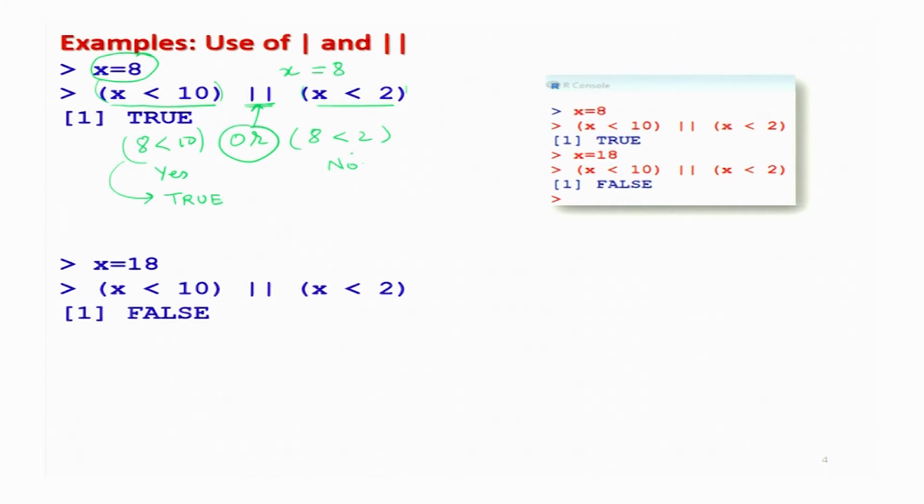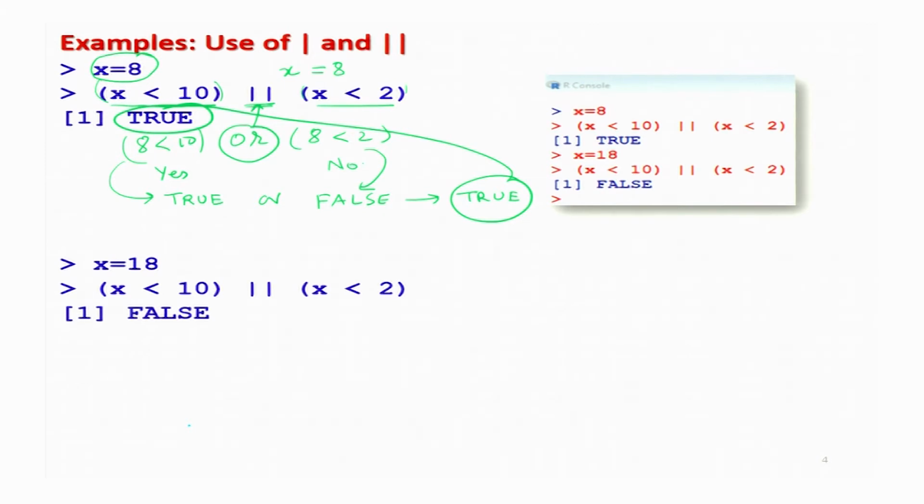And when I say 8 is smaller than 2, this is false. I want the answer if any of the conditions is true. So, true or false will give you true, because one of the conditions is true, right. And I will take more examples so that this concept becomes clear, and that is why this true is coming in this outcome.